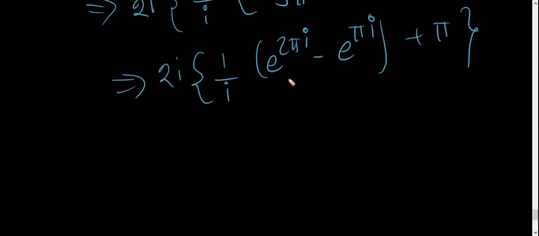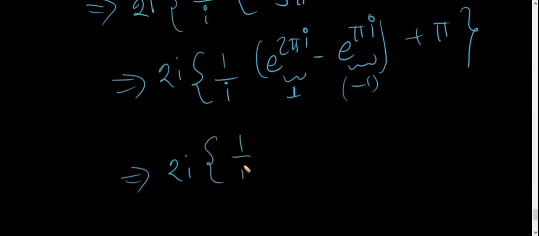Now e to the power 2 pi i is always 1, and e to the power pi i is minus 1, and you can easily verify it using Euler's identity. So if you carry out the rest of the calculation, it's 1 upon i, and here you have 1, there is a minus 1 and a minus over here, so 1 plus 1, and there is a pi.